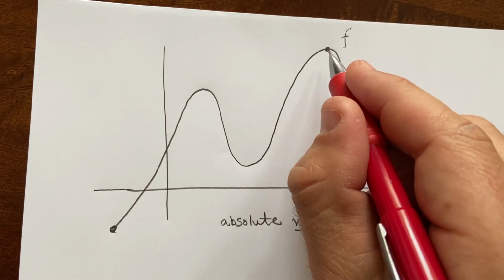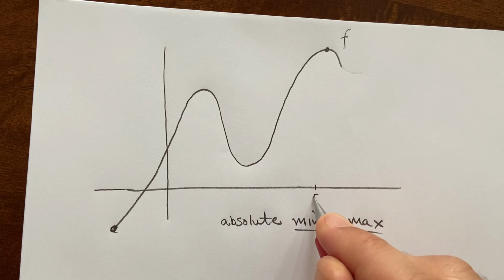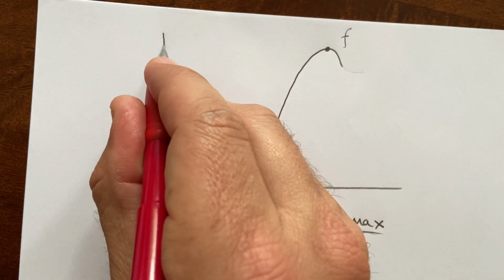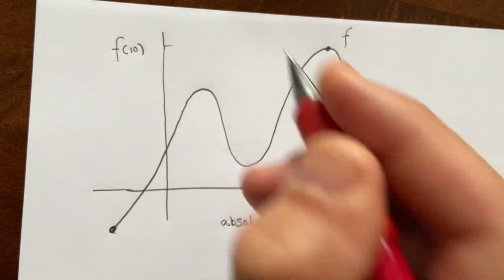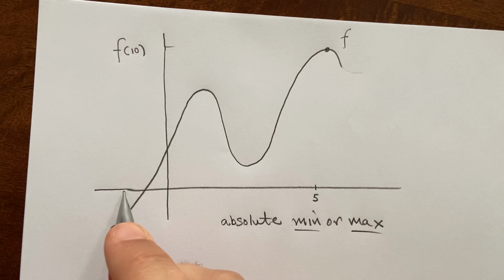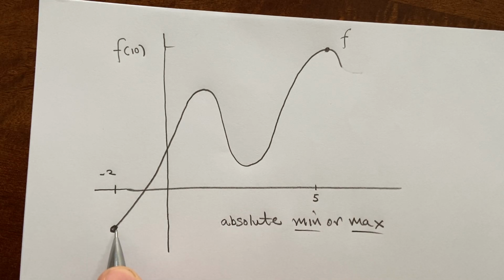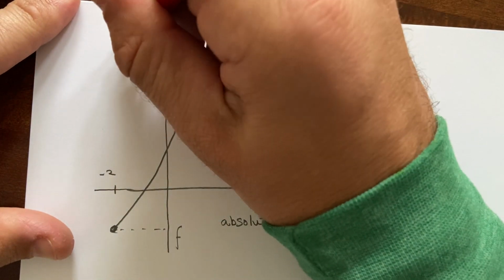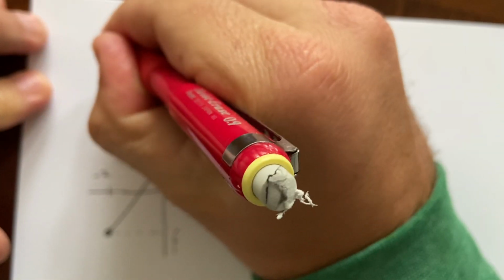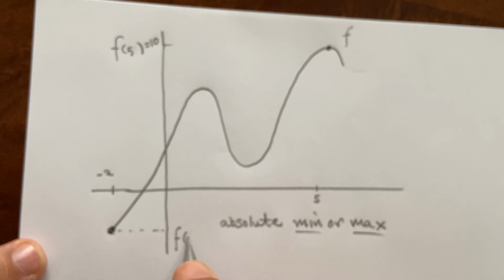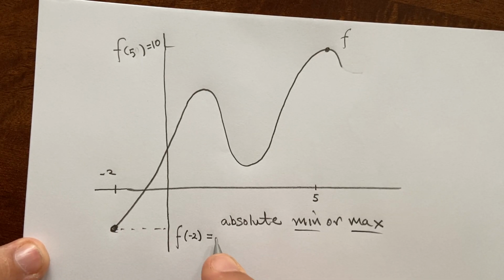So let's just imagine that this was a 5 and that I'm getting a 10 here. Sorry, I don't mean f of 10, I mean f of 5 is 10. And here, this is f of -2, and let's imagine that's achieving -1.